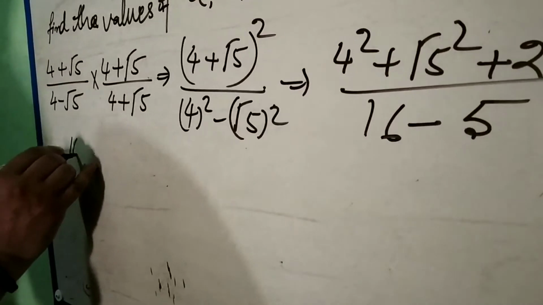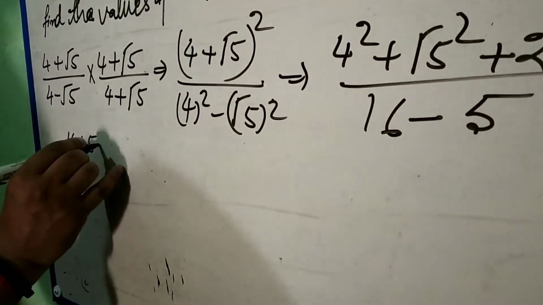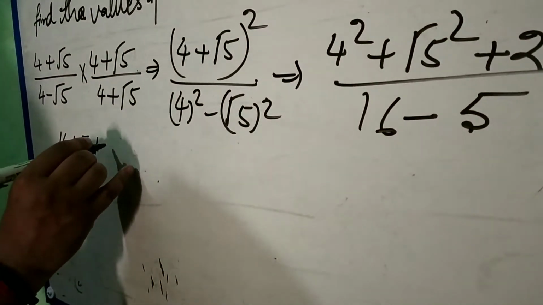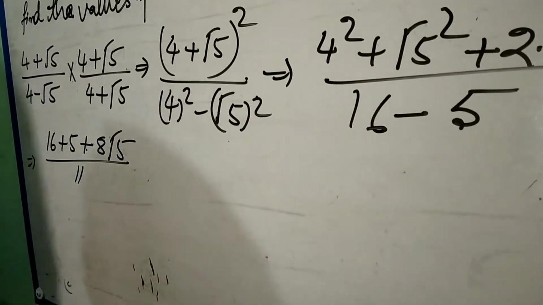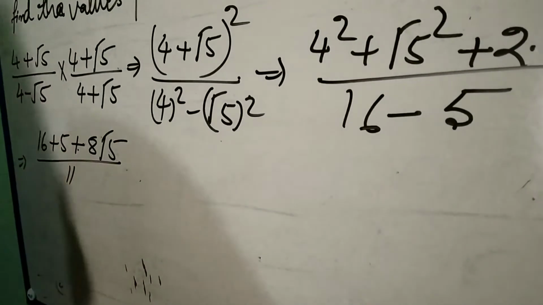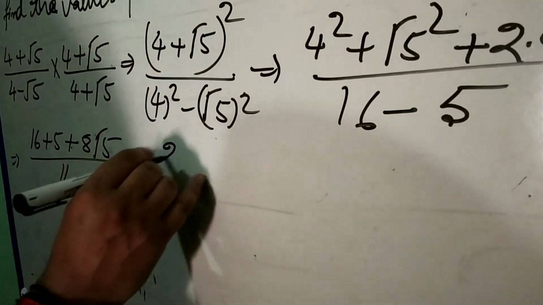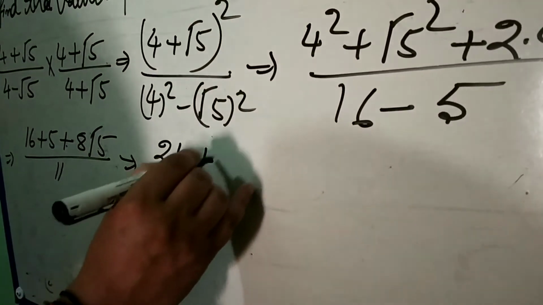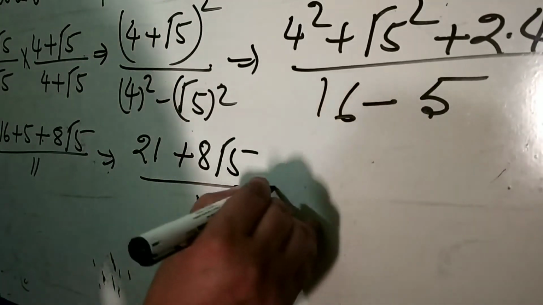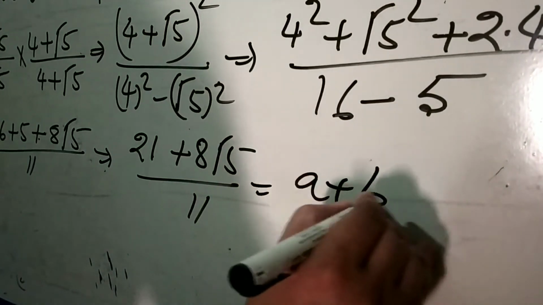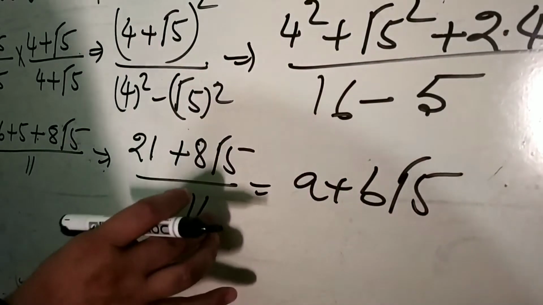Now 4 squared is 16 plus 5 plus 8 root 5 upon 11. 16 minus 5 is 11. Then 21 plus 8 root 5 upon 11 is equal to a plus b root 5.